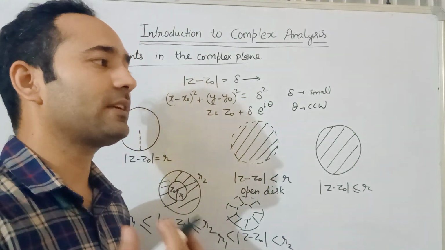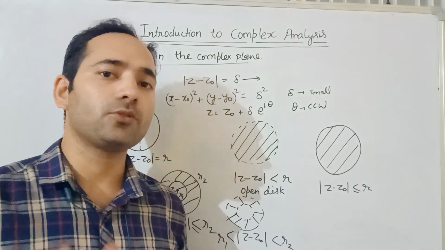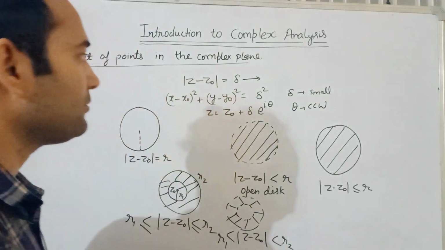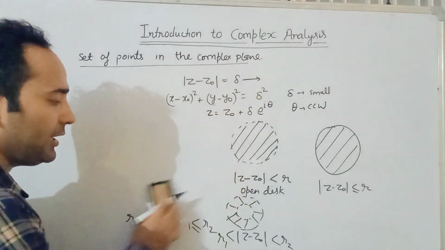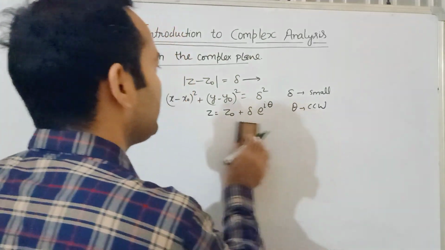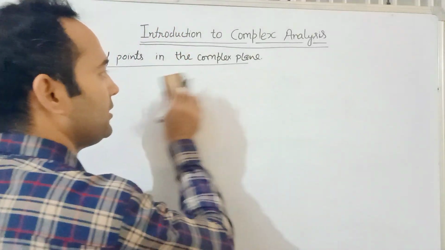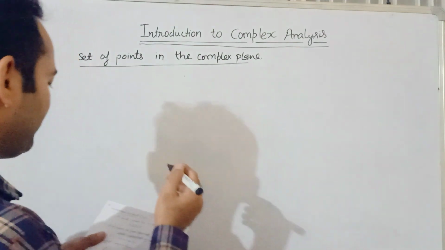Based on that you will understand connected set and domain and region. So basically I am leading you towards the domain and region. Let me just see one by one. So have patience, these things will be used and they will help you in understanding applied concepts further. You will solve those questions as well. So let me just start with neighborhood of a point.